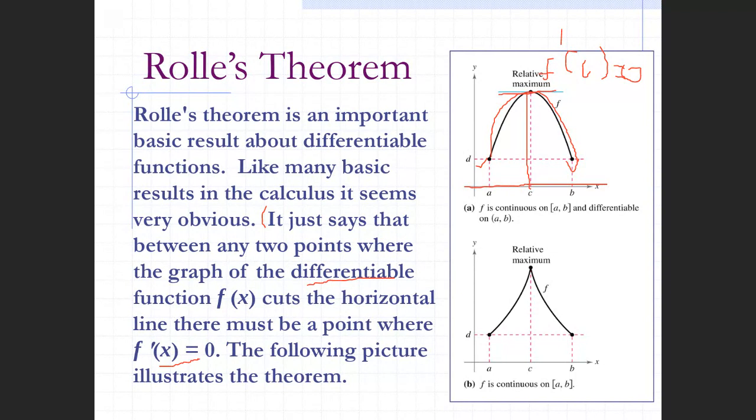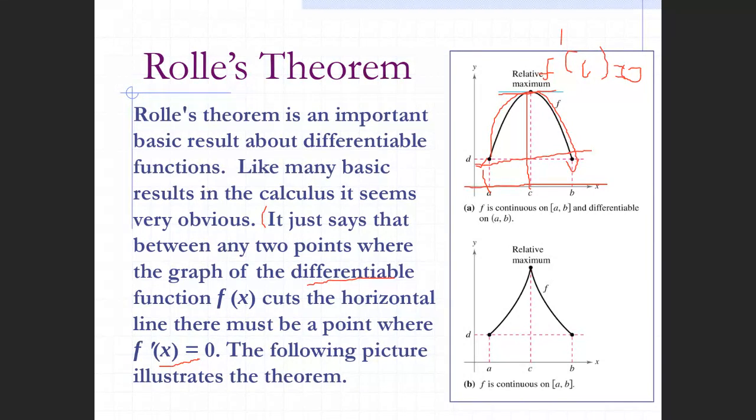The first figure shows 2 points A and B, and f of A is equal to f of B, because A and B have the same height. The function f is continuous on the closed interval from A to B, continuous everywhere in this interval.